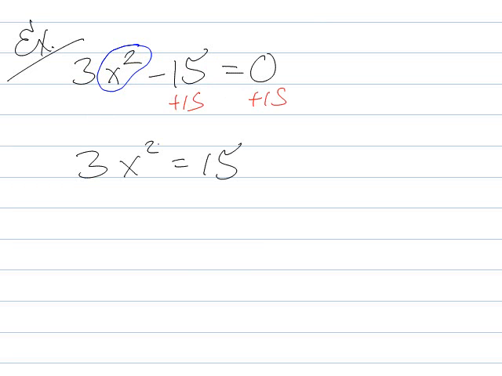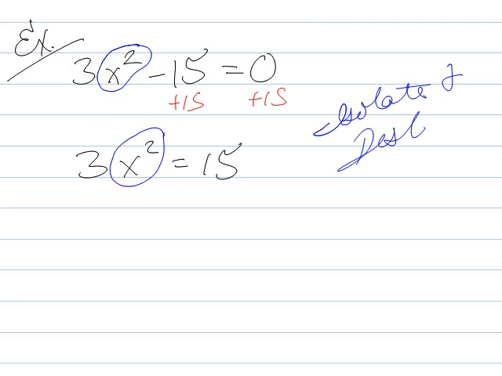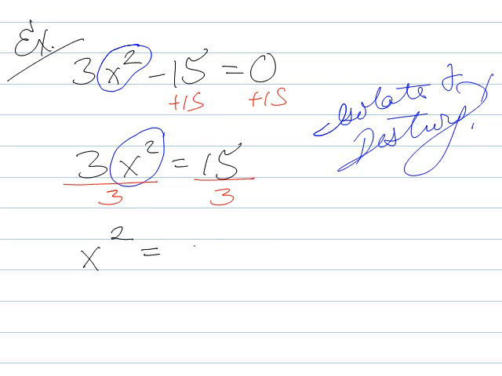And now remember, we want to isolate and destroy. We've got to get that x squared by himself. He's almost by himself, but he's still got that little angry 3 to protect him. So we're going to divide both sides by 3, and now we've got x squared equals 5. Now the x squared's by himself.